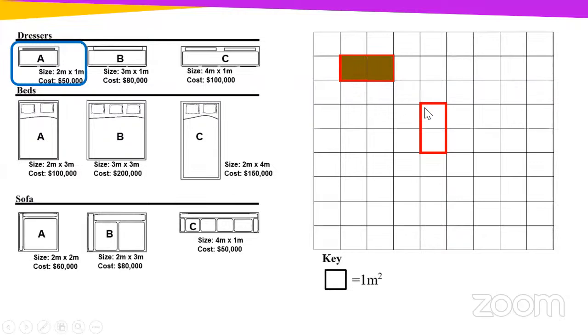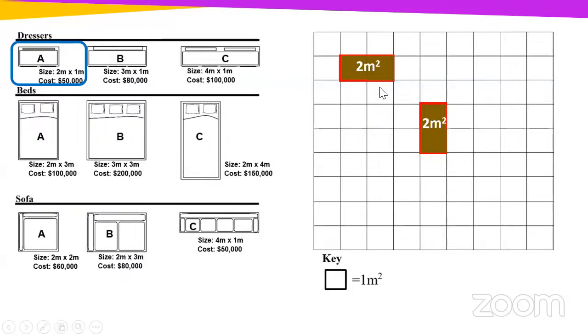Let's look at the next rectangle, the 1 by 2 rectangle. 1 square shaded, 2 squares shaded. So it means, boys and girls, that our area is actually 2 square meters.